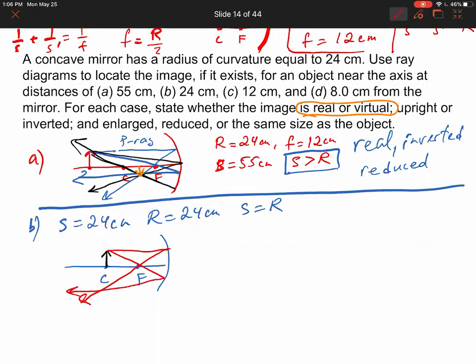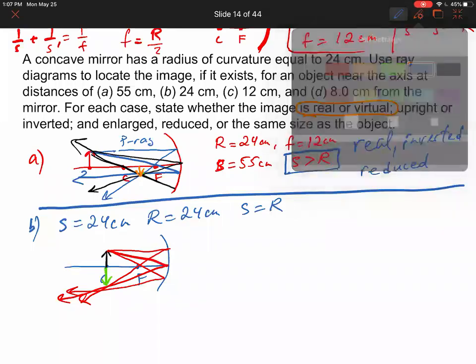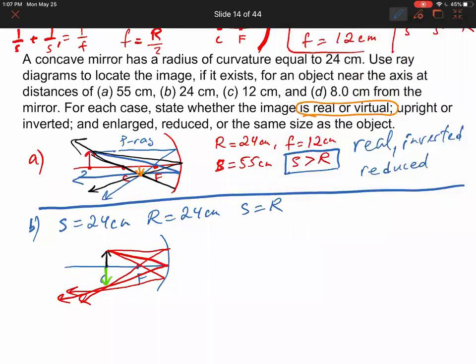What else can I do? Well, I can't use C because the object is at C. But I can use a vertex ray. It goes like this and reflects back like that. More or less all of those are converging somewhere over here, and we can see the object generates an image that is right underneath the object.